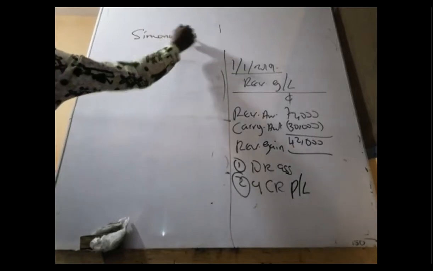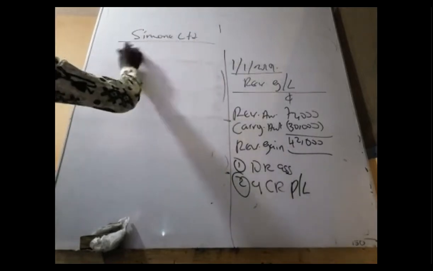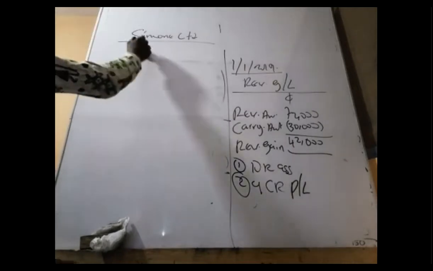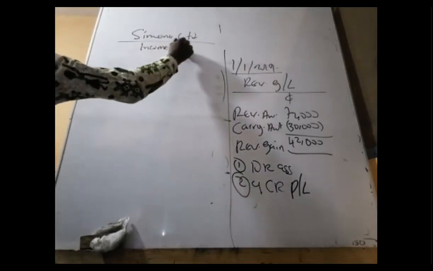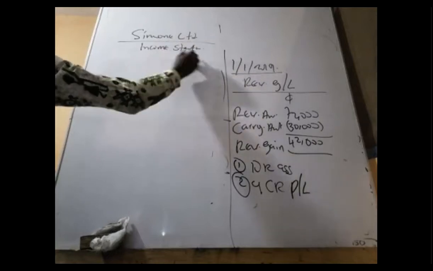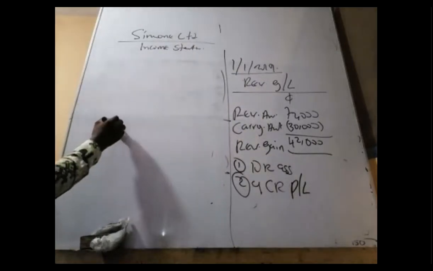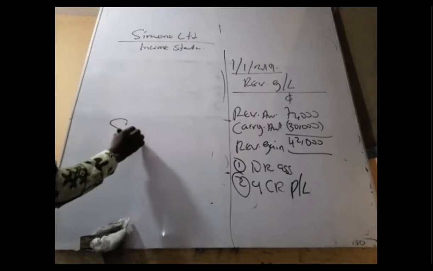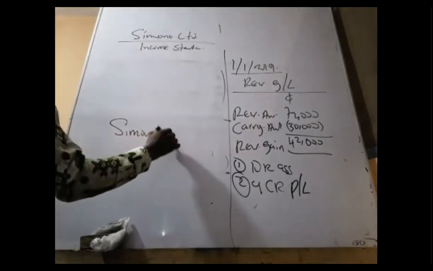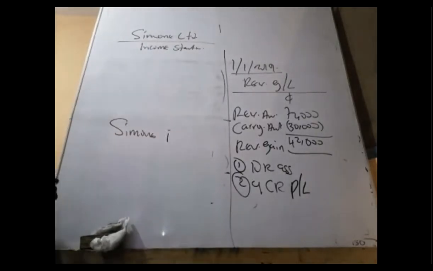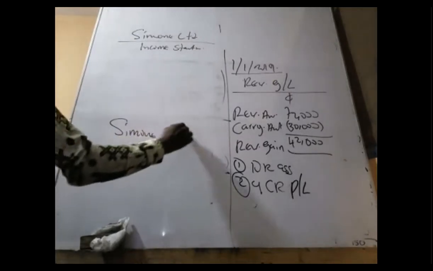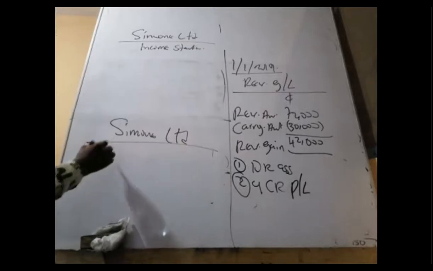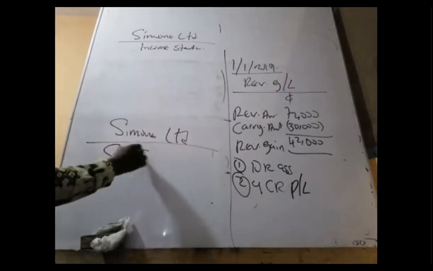Statement of, so let's make it income statement. And then this is still Simon. This is the statement of financial position. It should go on top a little, but it's an extract.